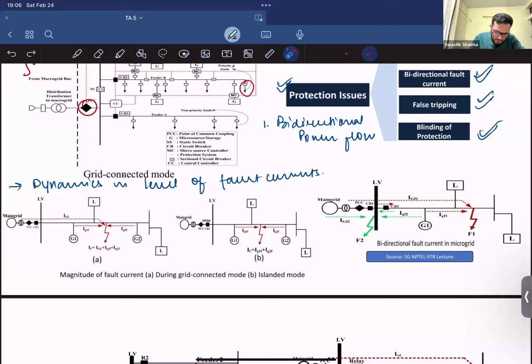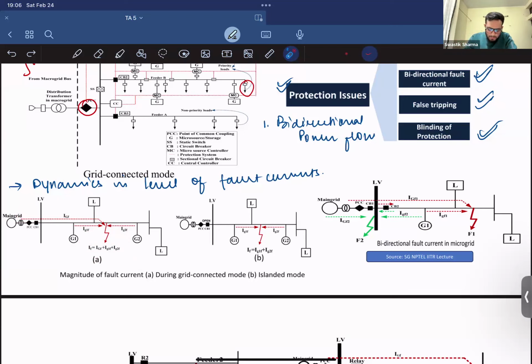The fault current is supplied from the main grid, distributed generation 1 and distributed generation 2. So the fault current is the summation of the grid current and the two currents coming from the different distributed generation resources connected to the microgrid.